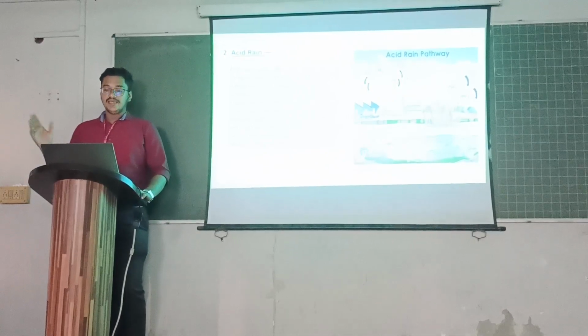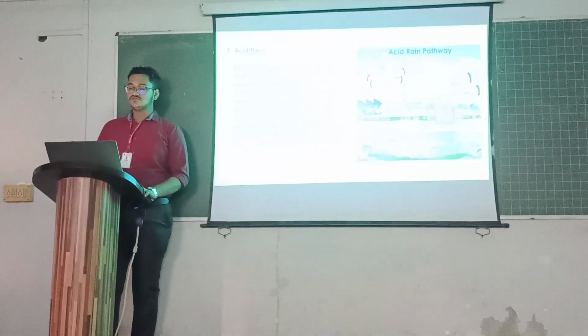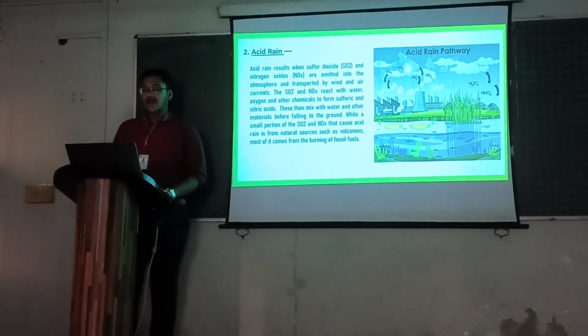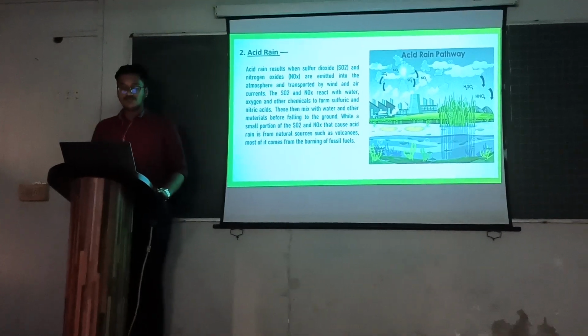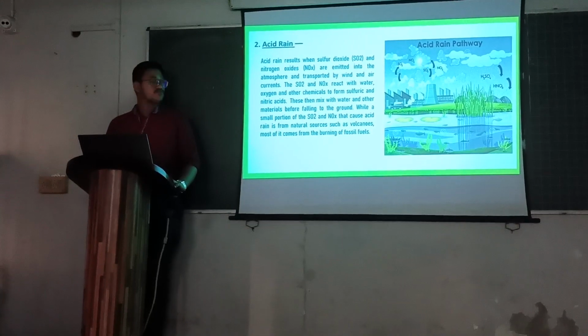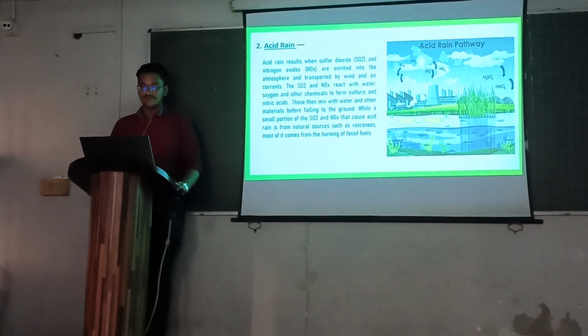These then mix with water and other materials before falling to the ground. While a small portion of the SO2 and NOx that cause acid rain is from natural sources such as volcanoes, most of it comes from the burning of fossil fuels.